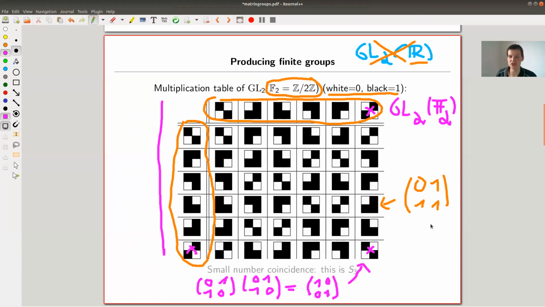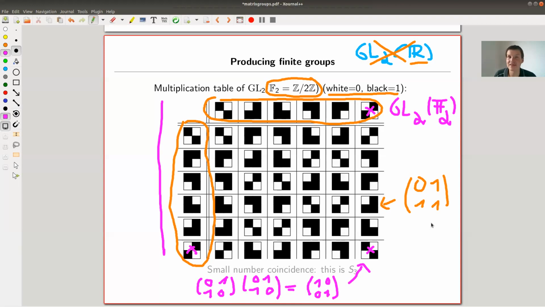So this is the multiplication table of this group. And I like to stress again that it's actually not clear at all why this multiplication table should give a group. In particular, in the way I've illustrated it, I'm not referring to matrices at all. I've just some funny rules that apparently define a multiplication. But if you know that this is GL2 over a finite field, then you're good.